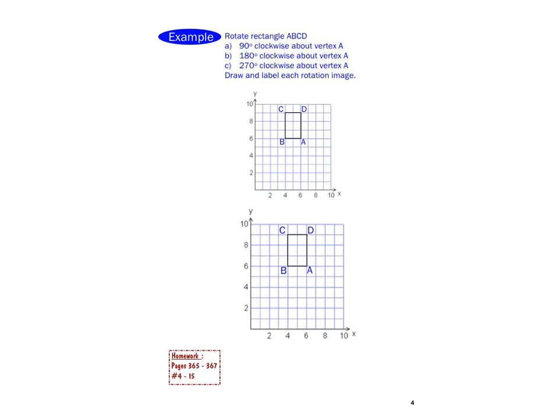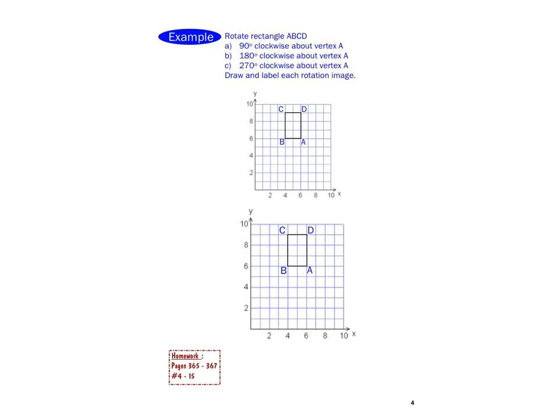Now, using rectangle ABCD, we're going to do 3 separate rotations. We're going to do a 90 degrees clockwise, 180 degrees clockwise, and a 270 degrees clockwise rotation, all about vertex A, and then we're going to draw each of those images. So this is fairly straightforward, I'd say, because we can kind of see what it should look like.